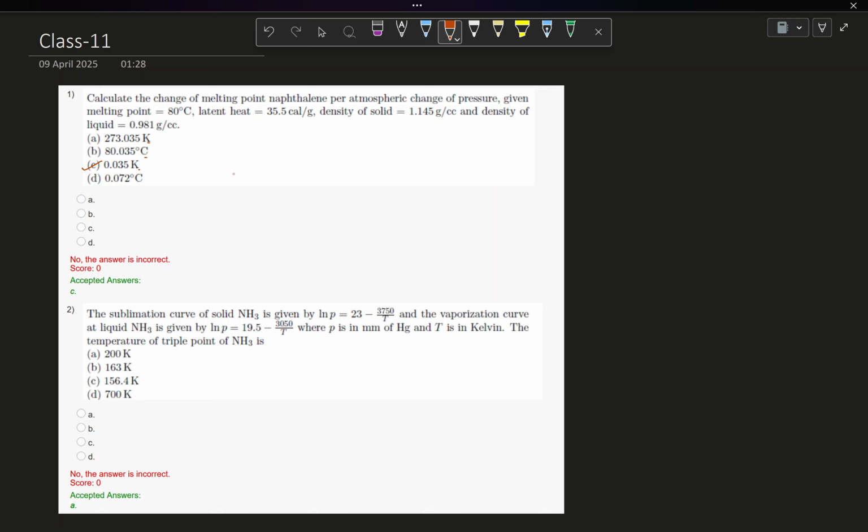So the unit does not matter if you are talking about the change in temperature. Even if they had used 0.035 degree centigrade, option C would still be the correct answer, because the unit is irrelevant when we are talking about the change in temperature. So I hope this is clear now. Let us move on to question number 2.